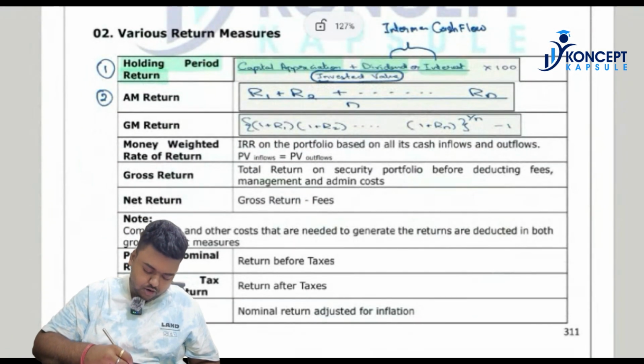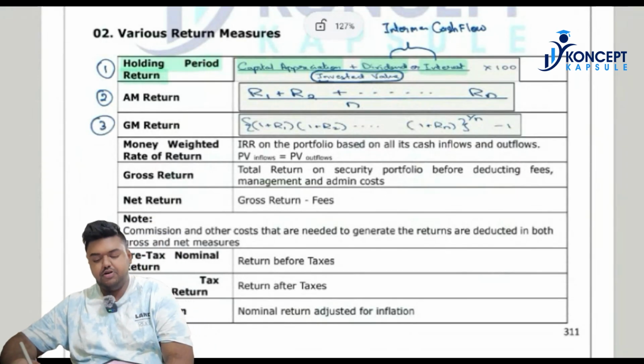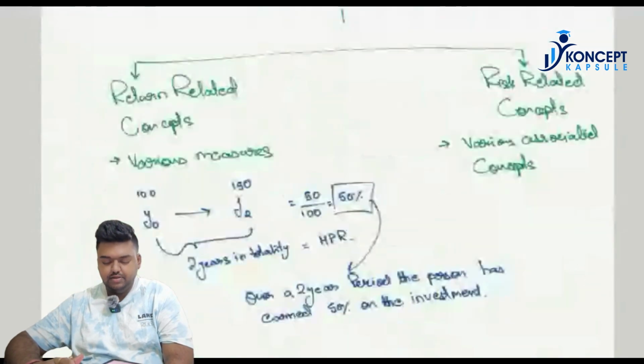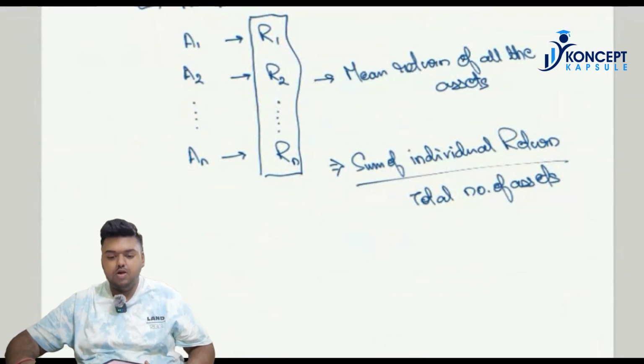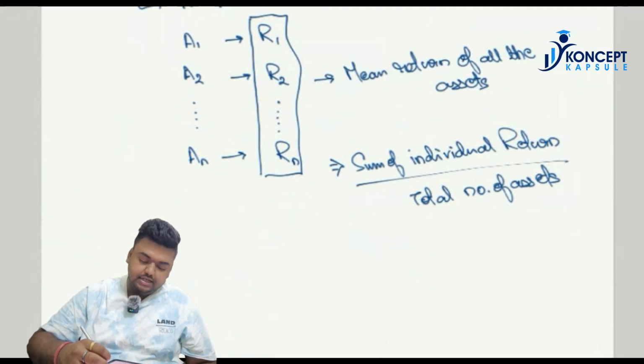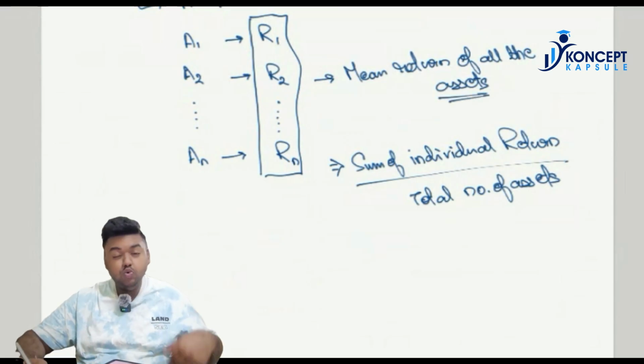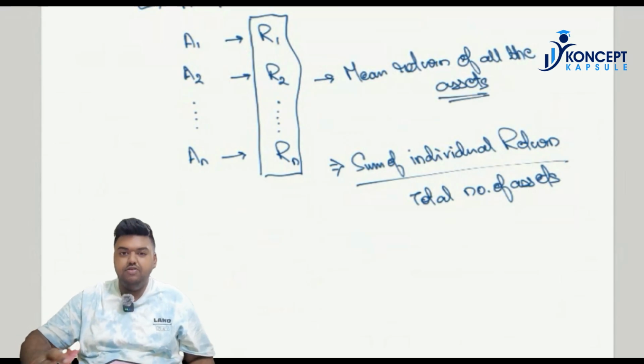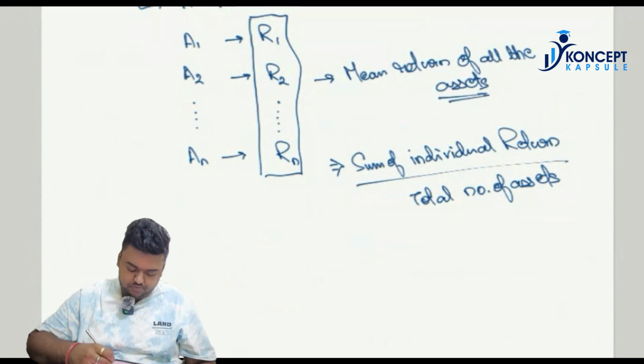The third we are talking about is the geometric mean return. So geometric mean return is similar to arithmetic mean return, but over here, rather than loosely saying what the return is, we will be more precise.